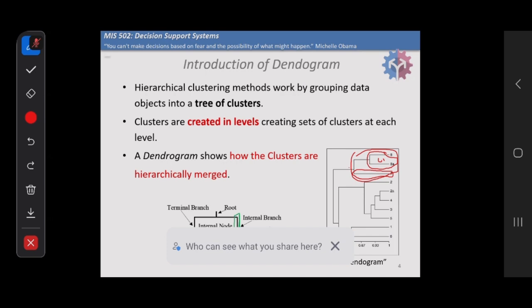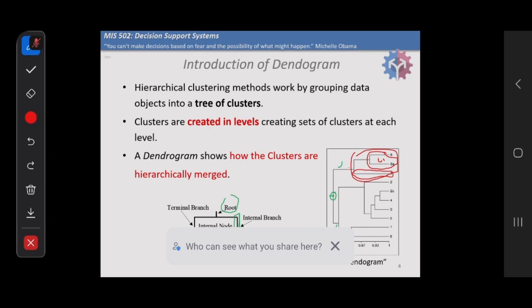Then we keep going up and up. The last point at the top is called the root. The last branches that you see here are called terminal branches. Terminal is usually mentioned for something last, so this is basically the last branch.